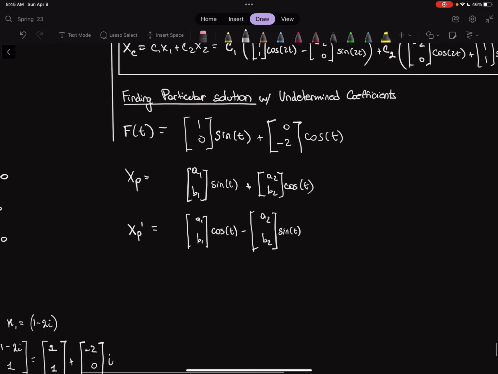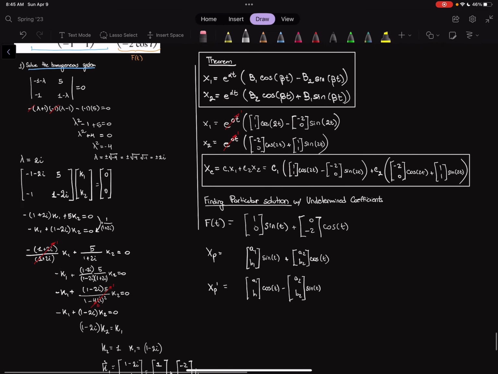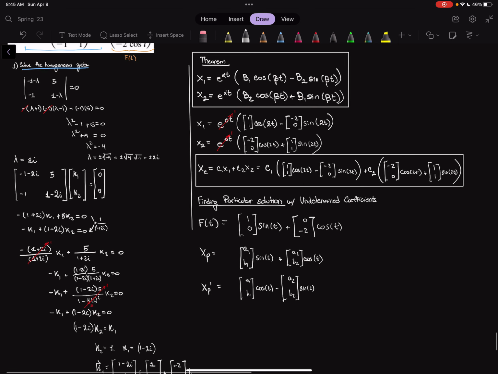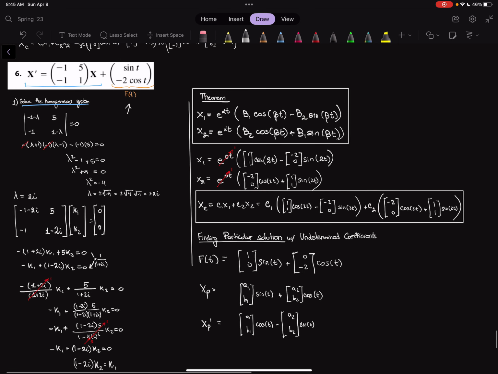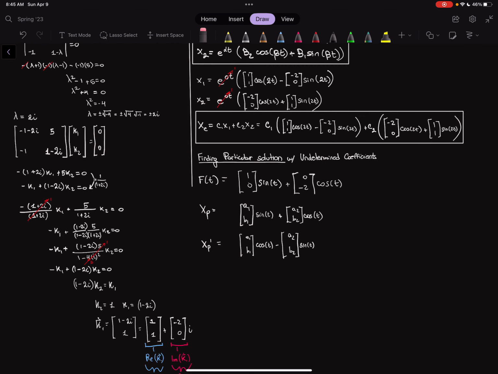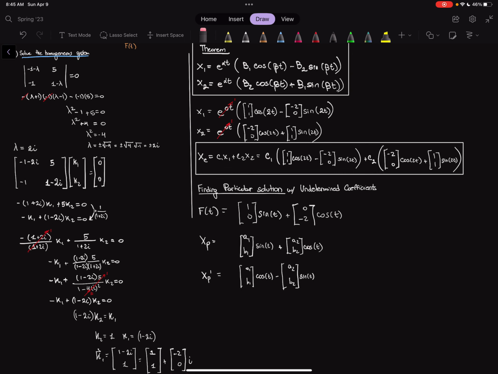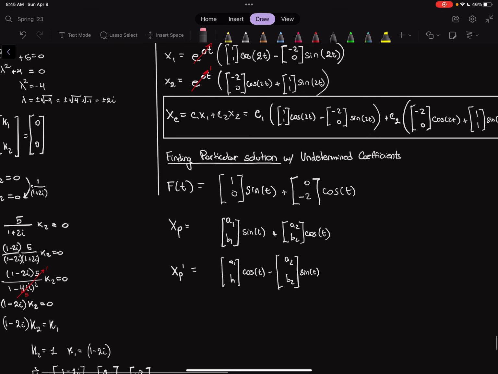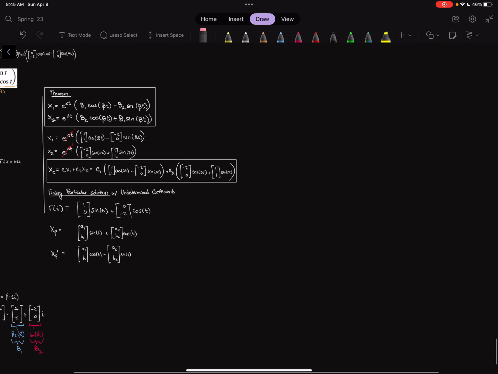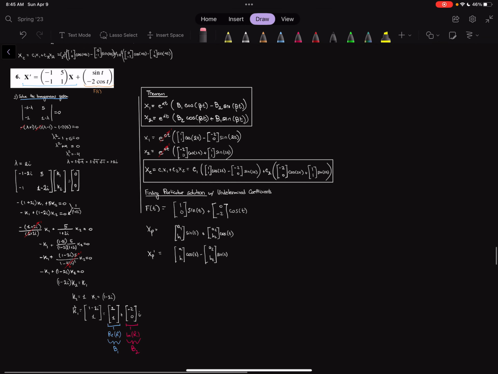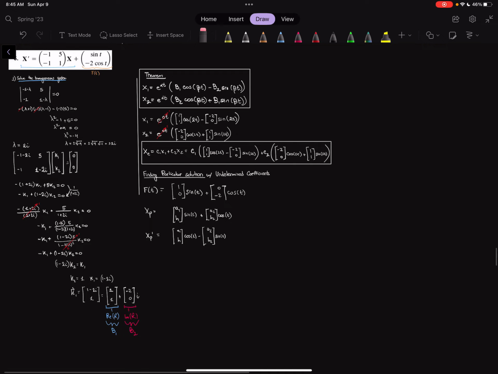And then we want to plug it back into our original equation. Now it's not homogeneous anymore, it has that f of t in there, and we match the coefficients to find the values of a1, a2, b1, b2. So let's go over to MATLAB, and I'll show you how to do this. See you there.